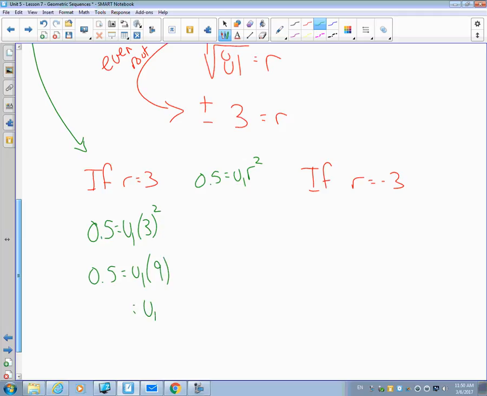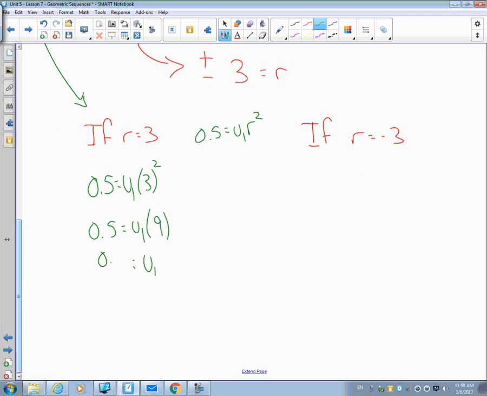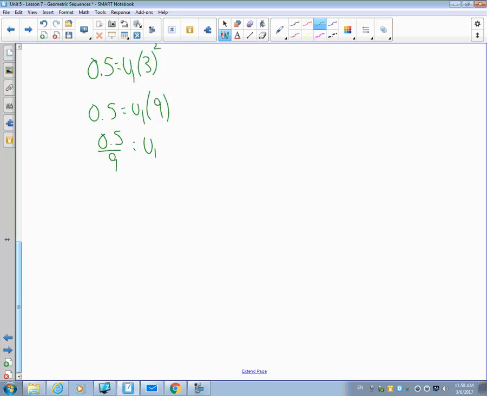That means that U1 is 0.5 divided by 9. Now, I don't really like that number, so I'm going to turn it into a fraction. 0.5 is a half. A half divided by 9 makes 1/18. So if R is 3, my equation will be 1/18 times 3 to the n minus 1.